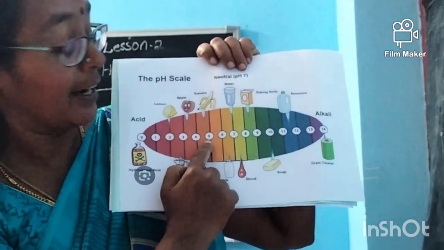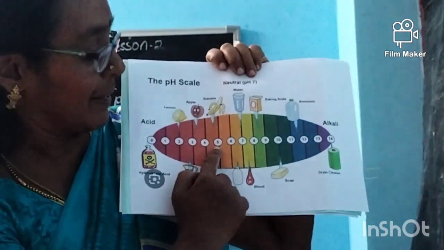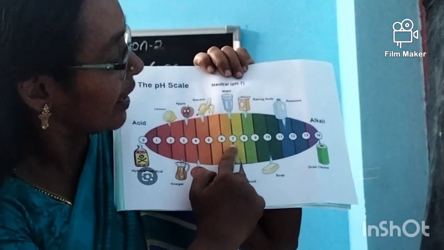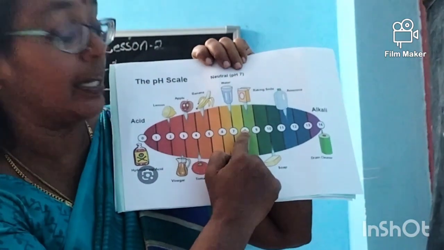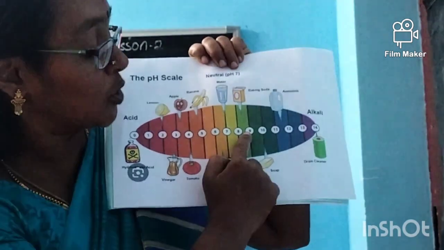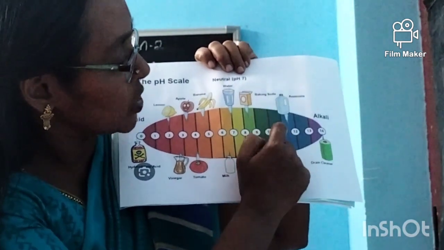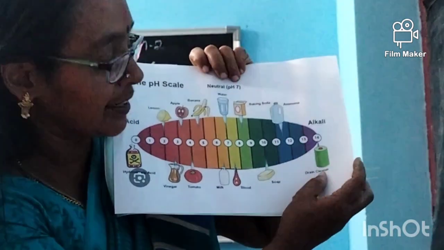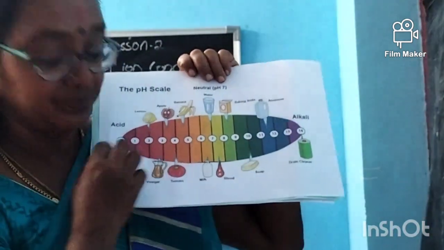All the things which we are intaking are maximum acidic, right? Now the water is happier, water is having the pH 7. Now we are moving for baking soda, it's having the pH 8 to 9. That means it is started to be basic, okay? Baking soda. Then ammonia comes in this category. And drain cleaner, pH 14.